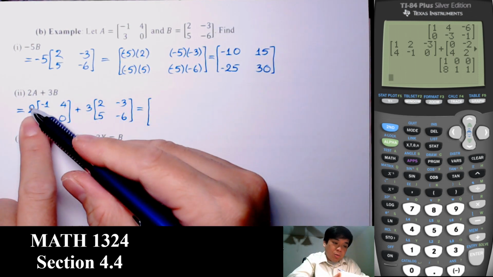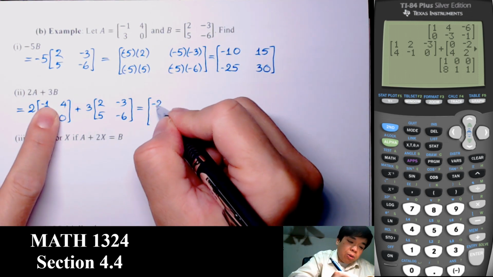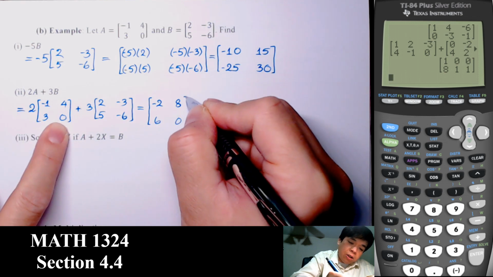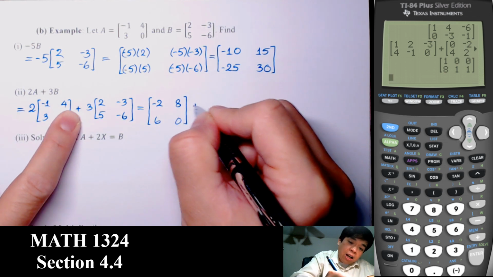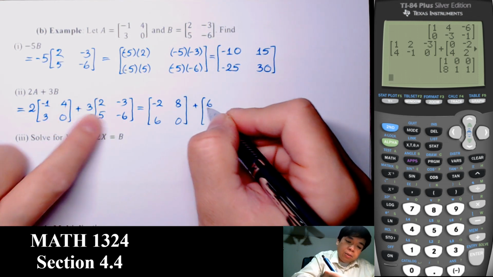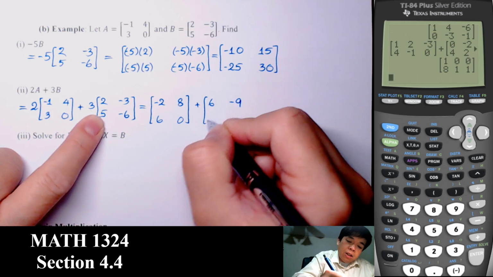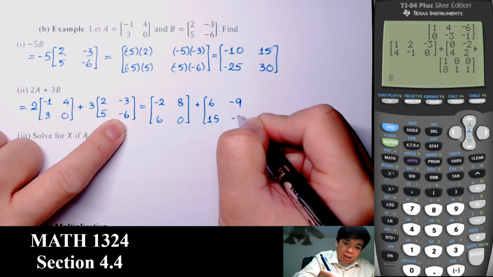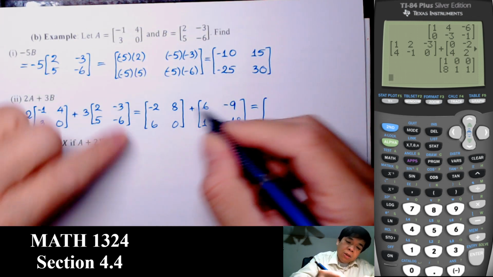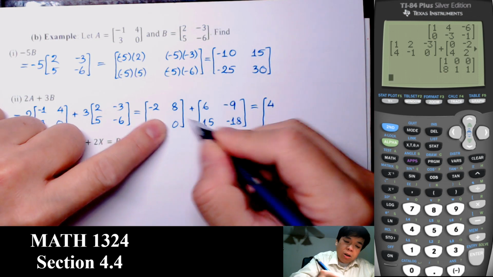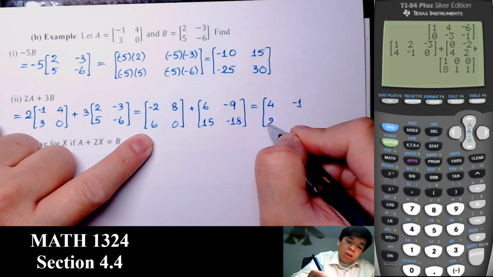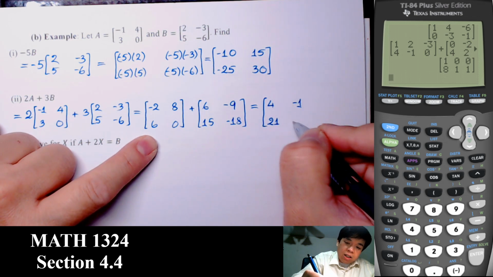That gives us negative 2, 8, 2 times 2 is 6, 2 times 0 is 0. So multiply first, and then add or subtract. Then 3 times the other matrix: 6, negative 9, 15, and negative 18. And now we add them. Negative 2 plus 6, that's 4. 8 plus negative 9, negative 1. 6 and 15, 21. 0 and negative 18.